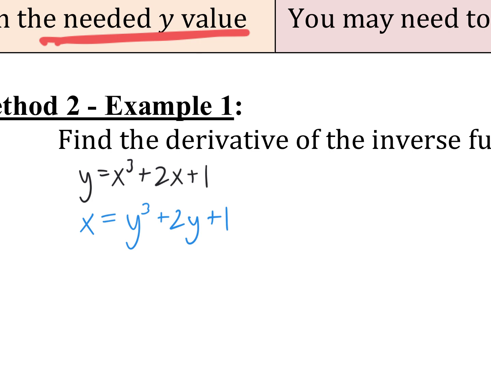So what I'm going to do is take the derivative of both sides with respect to x. So on the left side, what is the derivative of x? 1. On the right side, the derivative of y cubed would be 3y squared times dy/dx. Derivative of 2y is 2 dy/dx.